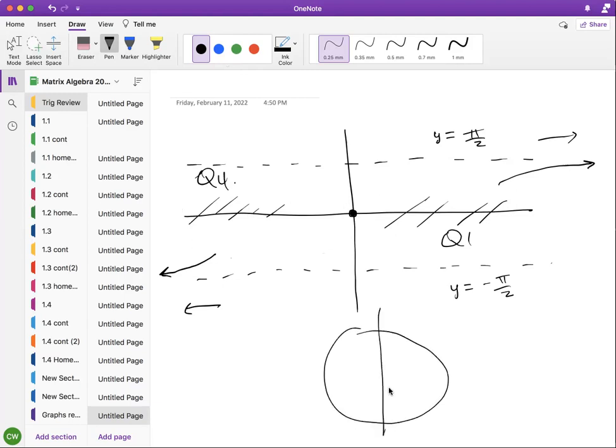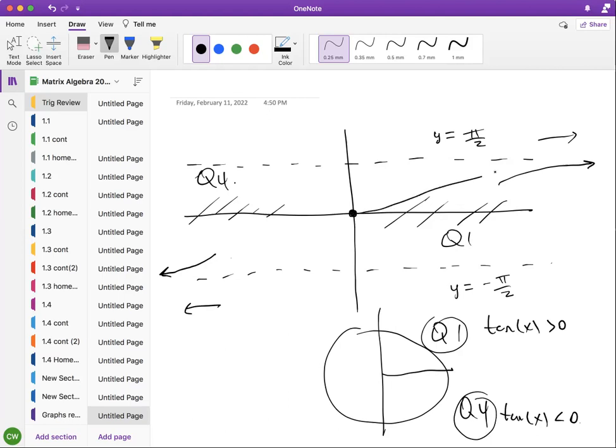So just remember, the only quadrants you look at for tangent are quadrant 1 and quadrant 4. Tangent is positive here, and tangent is negative here. If I'm plugging in positive things, I have to be in quadrant 1. If I'm plugging in negative things, I have to be in quadrant 4. So it looks something like that. There's only one 0, and that's tangent of 0.